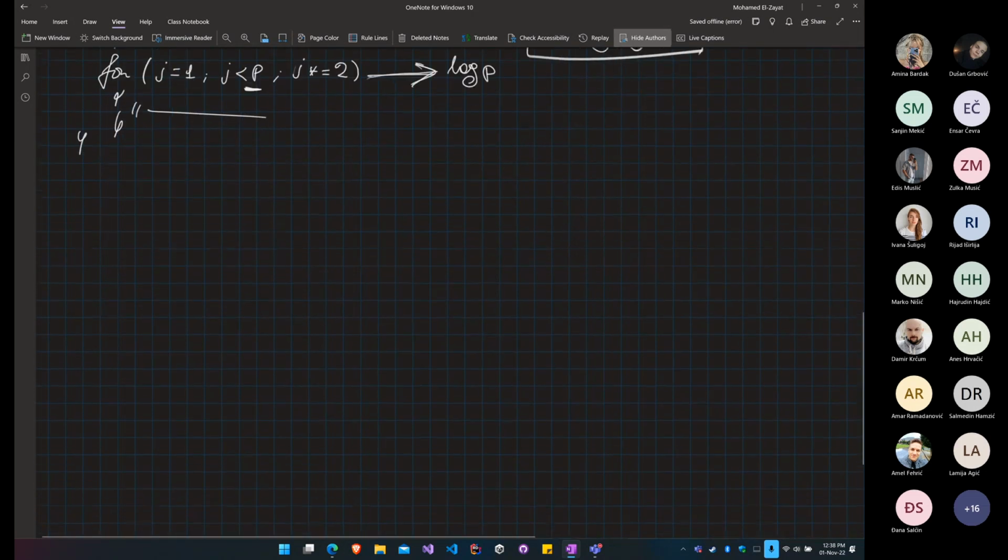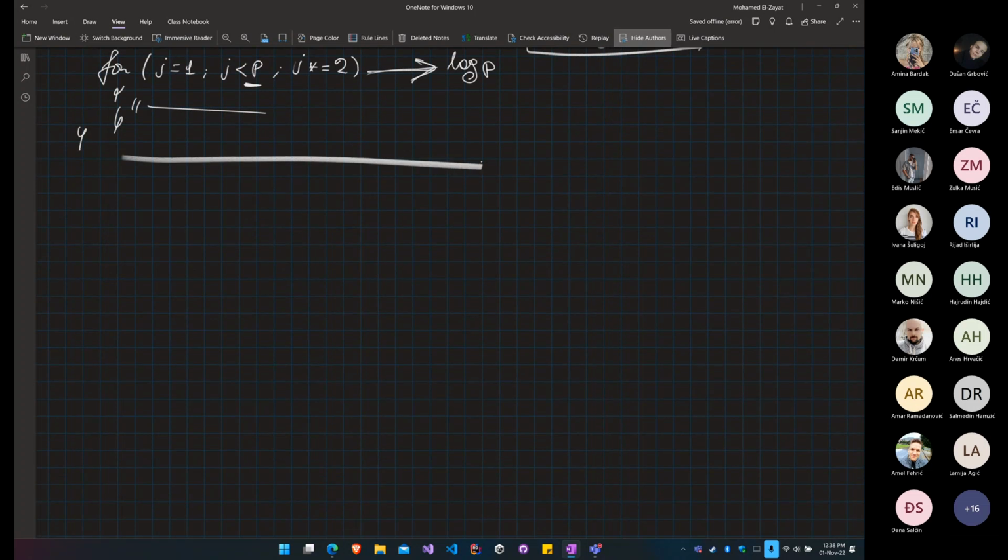Okay, let me throw one more at you. And this is an actual complexity of an existing algorithm even. So we're going to have another for loop: i equals 0, i is less than n, i plus plus.